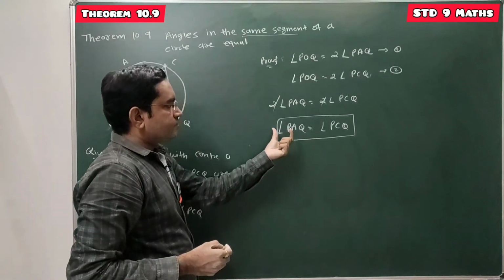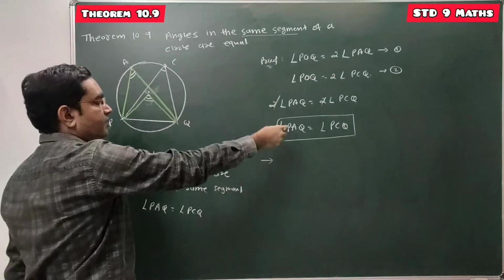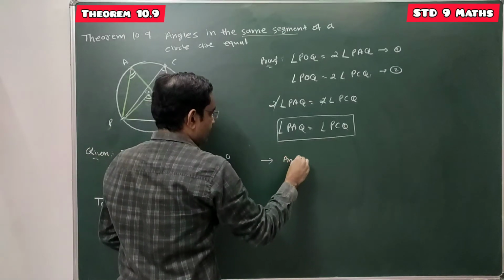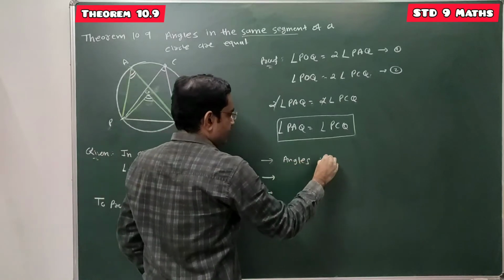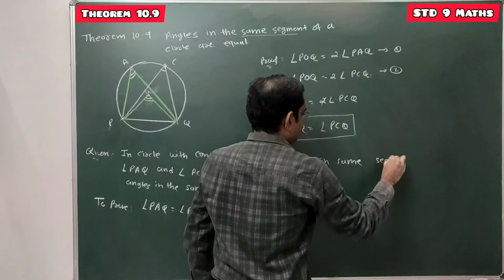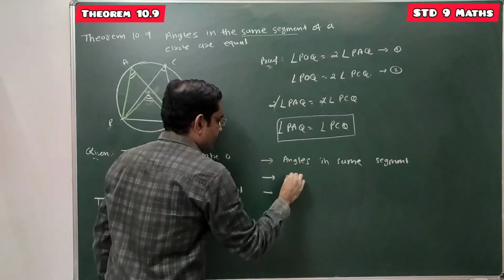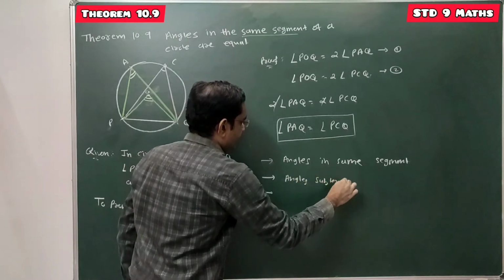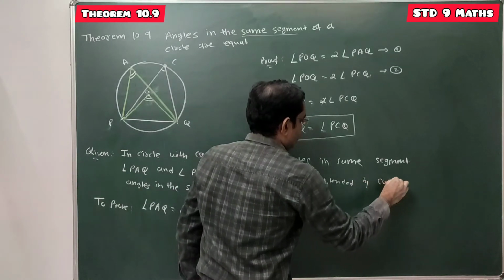We can represent these two angles by three names. The meaning of these three statements is the same. First, angles in the same segment. So angles in the same segment are equal. Also they are known as angles subtended by the common arc.